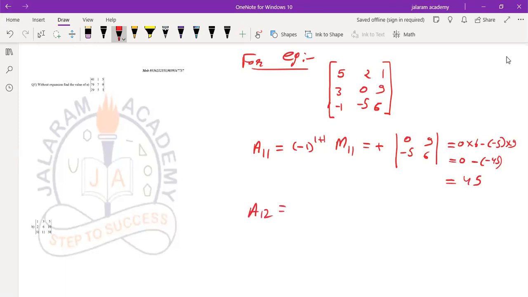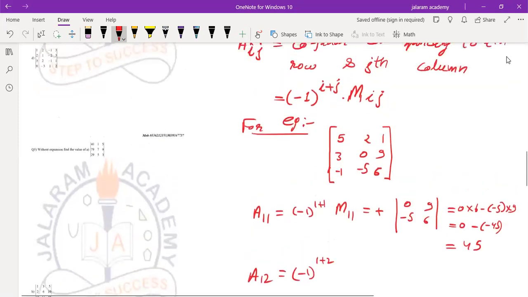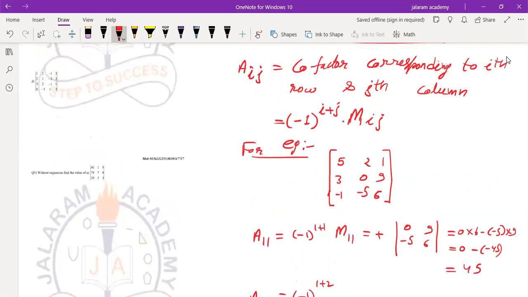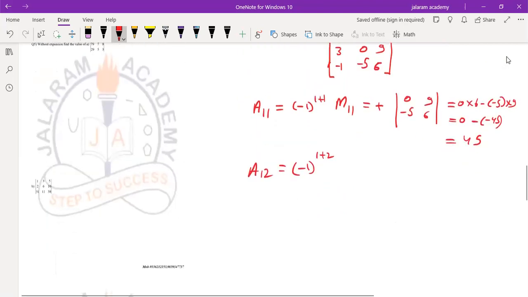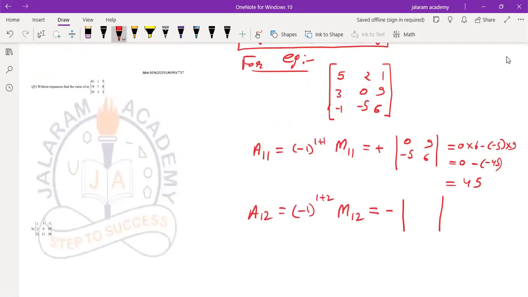But when we find A12, we have to multiply by minus 1 to the power 1 plus 2 according to this formula. Okay. Cofactor of ith row, jth column equals minus 1 to the power i plus j, minor obtained by ith row, jth column. So A12 means minus 1 to the power 1 plus 2 into M12, it is minus into first row, second column. First row is 5, 2, 1, delete.